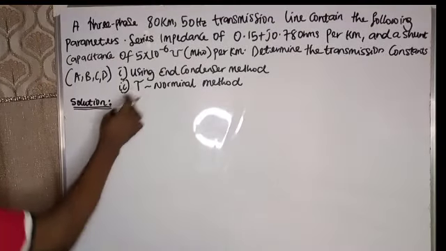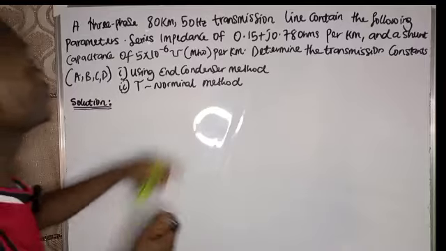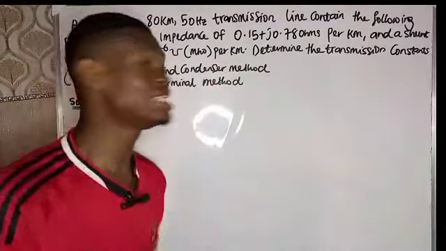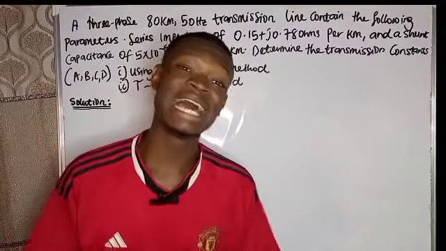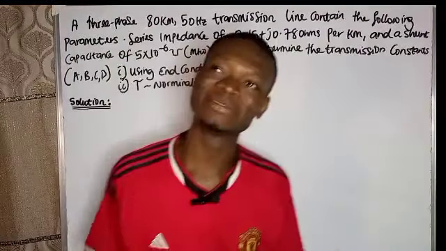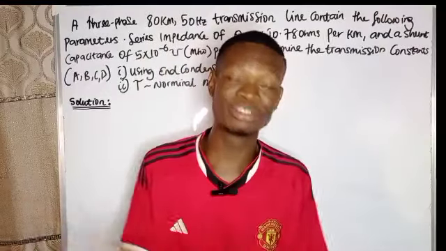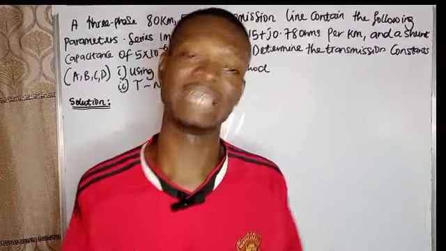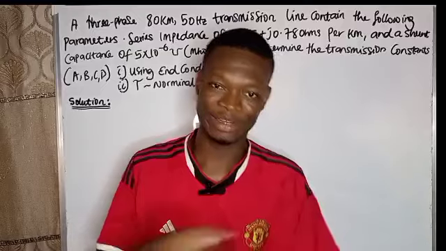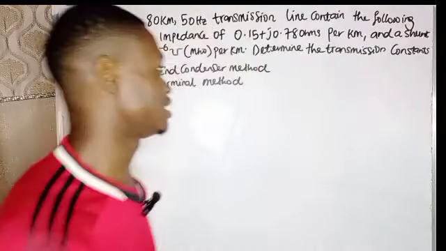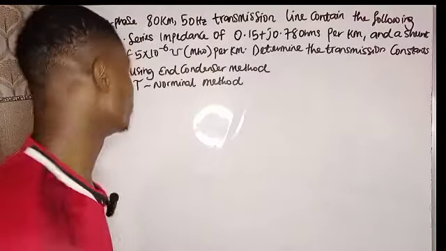So they said using the N condenser method. Now they are telling us that the following parameter is series impedance. What is impedance? Impedance is just the total opposition offered to the flow of current by either active or reactive elements. It is measured in ohms.